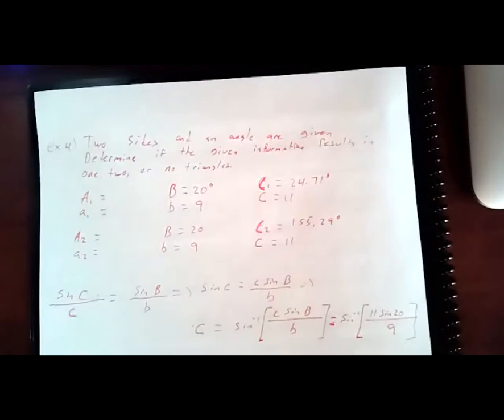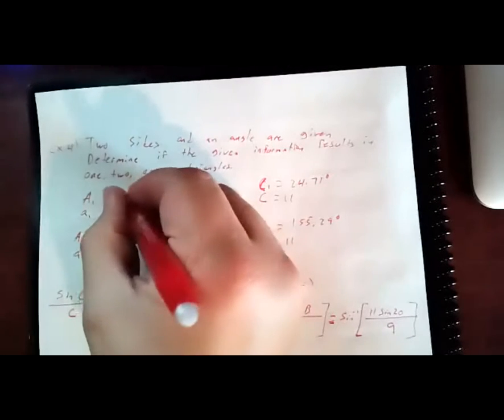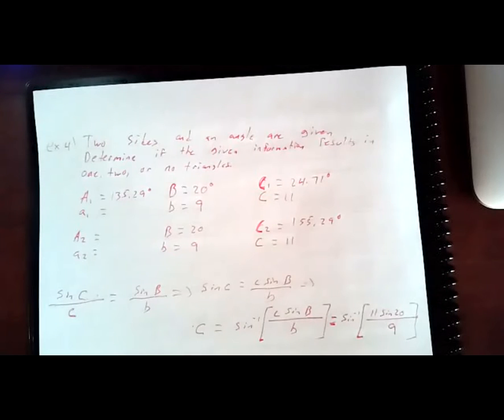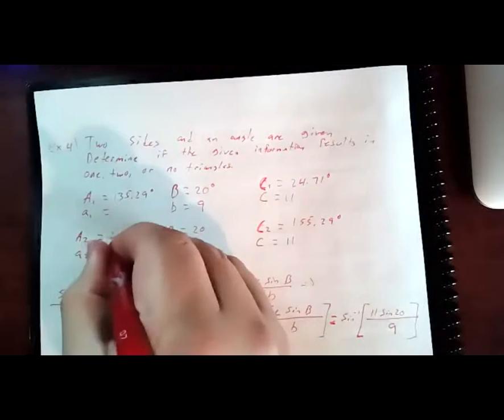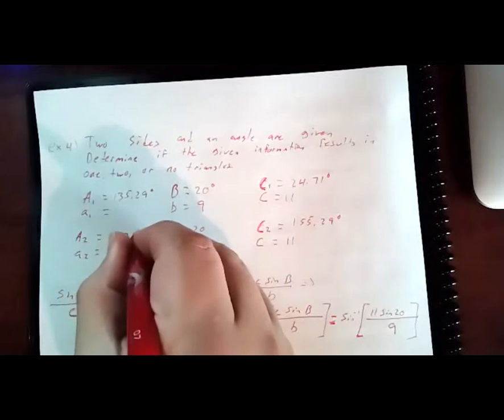So what is A1? 135.29. Thank you. And A2 is going to be what? 0.71. Yeah, it's small, but it's still a triangle.